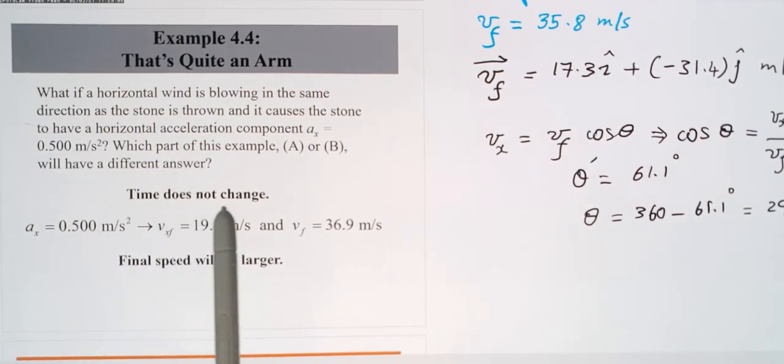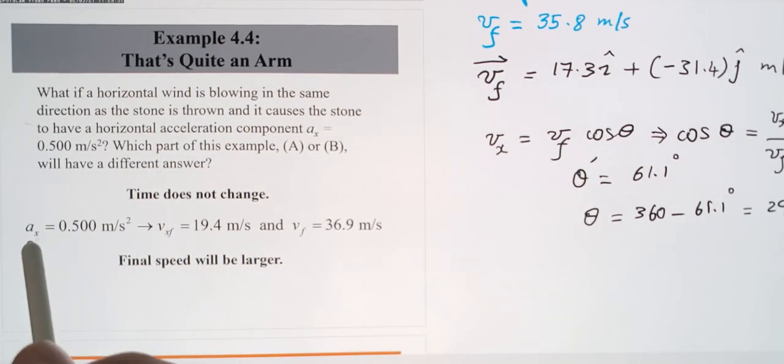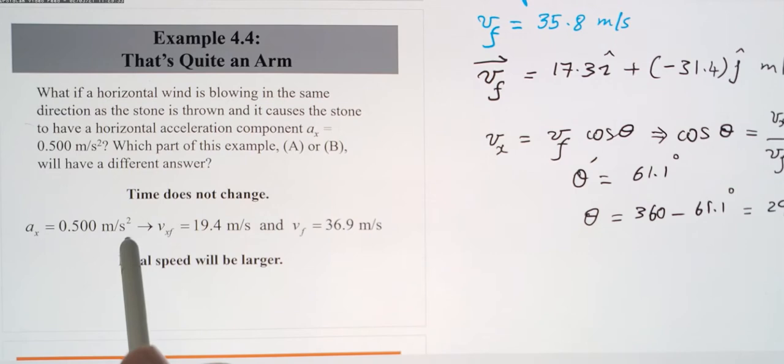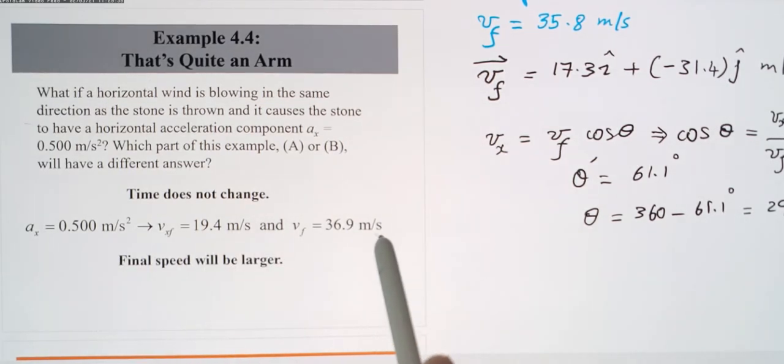Of course, time will not change, because time depends on how long the stone will stay in air, and that does not depend on the x component. However, because now we have acceleration in the x-axis, v final x will be a little more, and then v final will also be a little more. Range will change, that's correct.